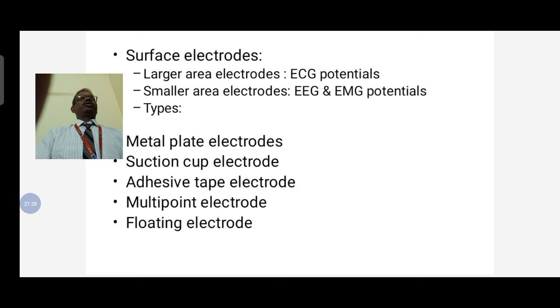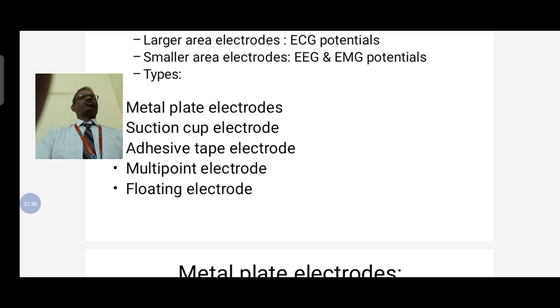Today we discussed electrode construction and structure of the different types of electrodes. In the next class, the equivalent circuit and any other types of electrodes will be discussed. Okay.